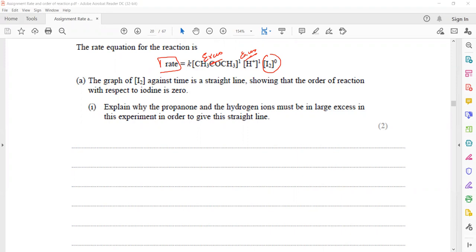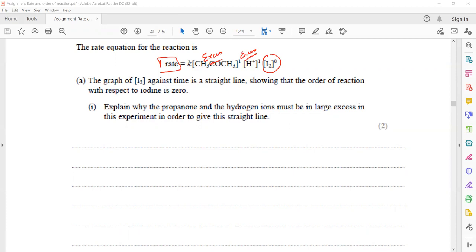We are finding the effect of change in concentration of iodine on the rate.